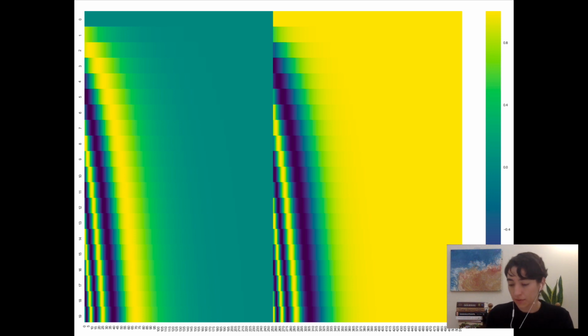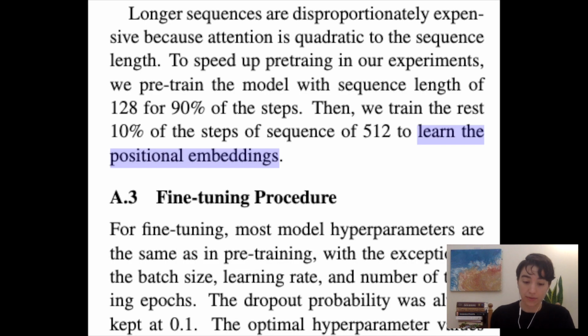Yet to completely throw another wrench in the system, if we look at the BERT paper itself, what it says is, quote, learn the position embeddings. Now, if we're learning the position embeddings, we don't have a pre-made function for them. We're learning them as part of the training of the network, which implies that we're not using the sine and cosine functions that we've already seen.